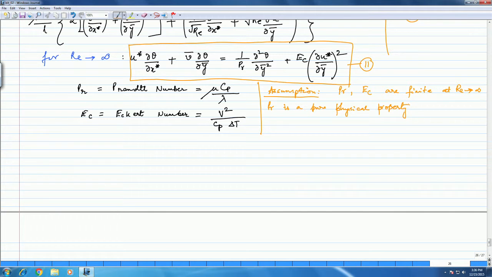So it is a pure physical property, meaning it is a property of the fluid itself. It is not something that comes on and off due to the fluid flow, but it is a property of the fluid itself. And so, for example, let us write here.